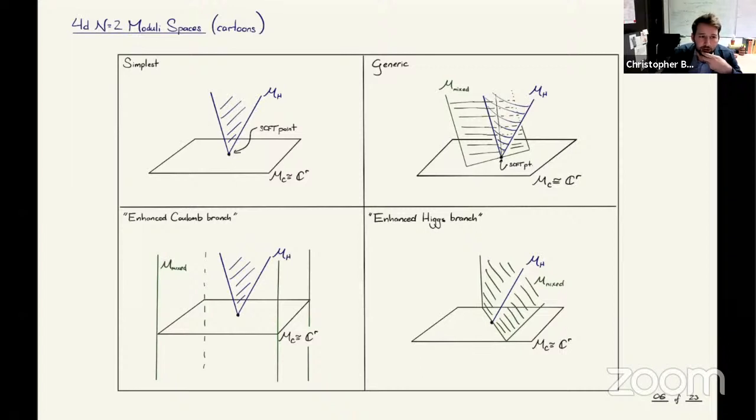There's some scalar in an abelian vector multiplet whose VEV you can turn on, even when you're in a generic Higgs branch. So you Higgs the theory as much as you can by turning on as many matter VEVs as you can, but you still haven't managed to kill all of the gauge symmetry. And so there's still more directions that you can move in, Coulomb branch directions.